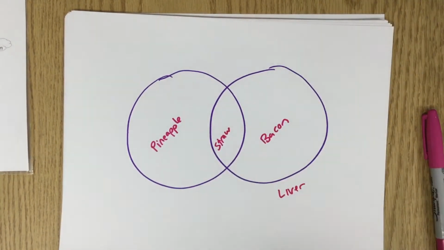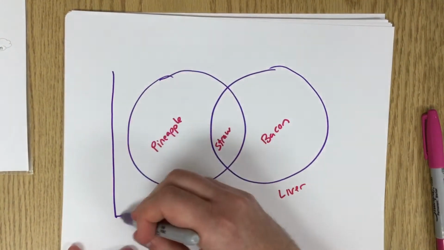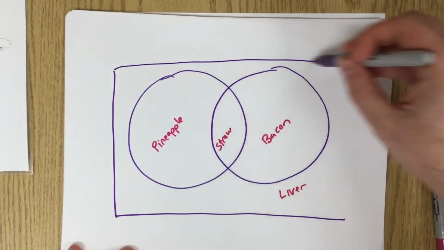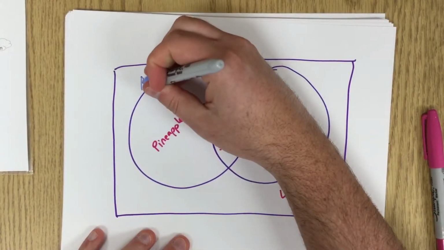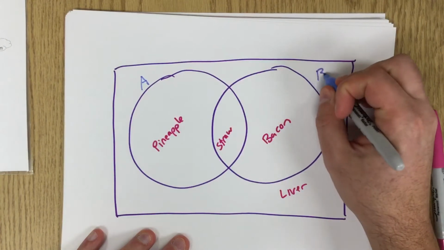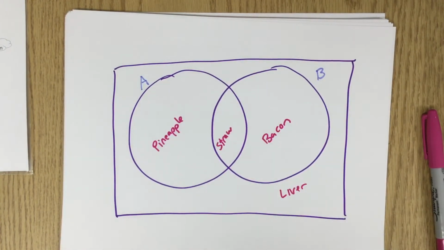So we'll go with those four things. This is a new Venn diagram. Now I'm not going to call it fruit and tasty. I'm going to call this set A, and I'm going to call this set B. So that's A, and that's B.